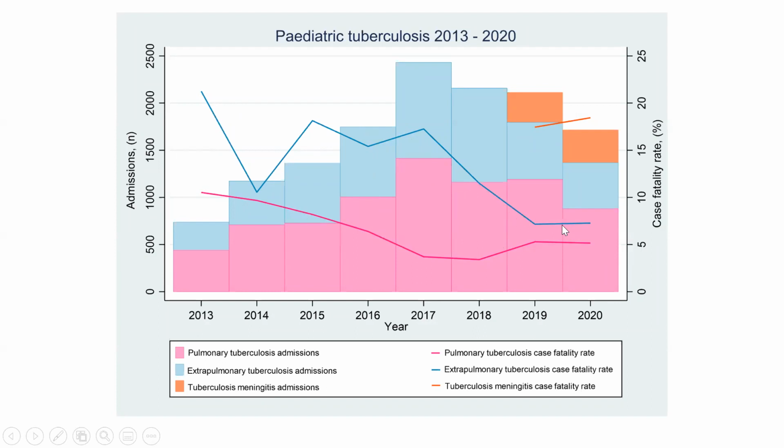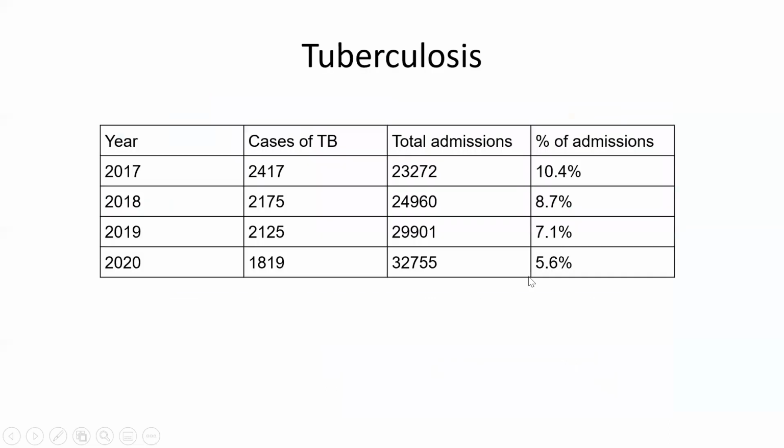We perhaps have plateaued a bit in terms of the case fatality rate reduction. This line refers to the y-axis here, and the bars refer to the number of admissions on the left y-axis. So you can see that we have improved in our extrapulmonary TB case fatality rates, and probably there's been some improvement in the pulmonary TB case fatality rates, although it's not exactly certain.